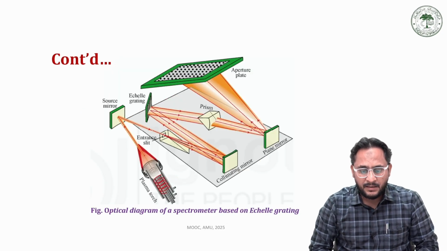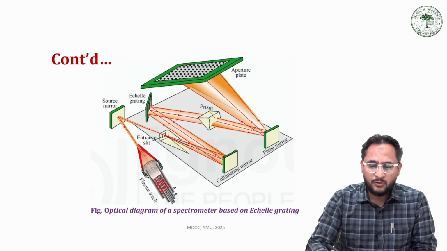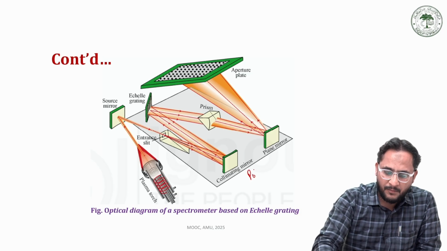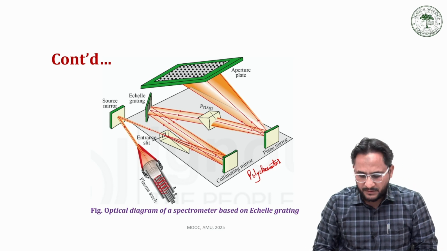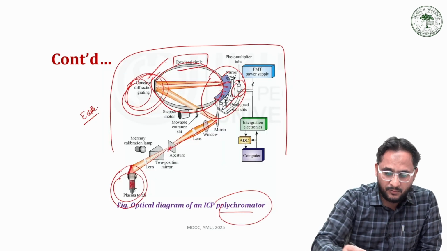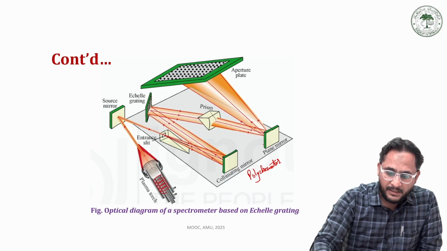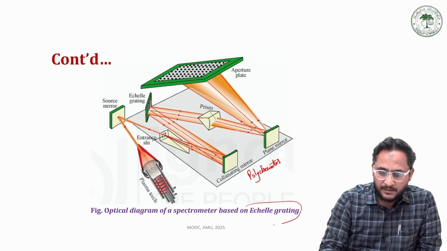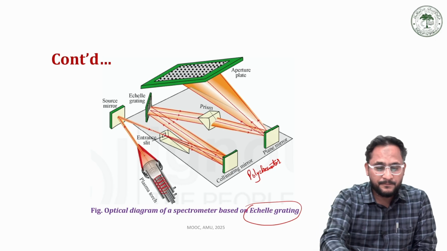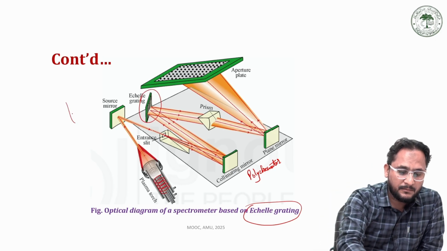This is again another type of polychromatic device where we have a polychromator used, but in this case we do not use a concave diffraction grating like we have in this particular case. Here we use an axial grating.